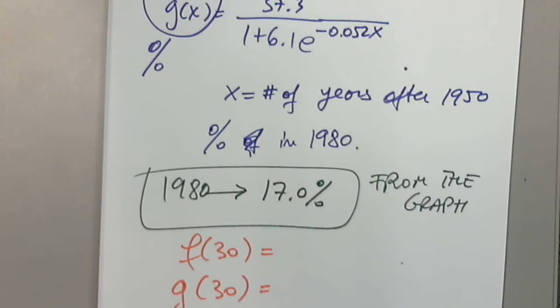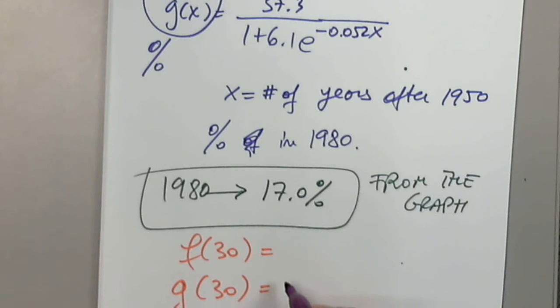And what am I plugging in? Oh, of course. Hold on, let me see. Oh, that's okay. So what am I plugging in? The first one gives us 14.593. The second one gives us 16.347. Which of these two models is better? I'm not saying it is the model. I'm saying it's better to approximate 17%.